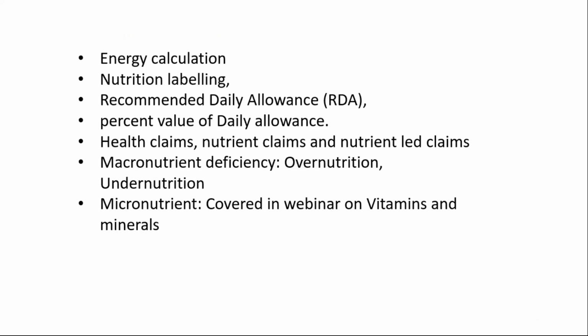Today I will go through the energy calculations, tell you about nutrition labeling, the importance of nutrition labeling, the recommended daily allowance, the percent value of daily allowance, claims which are generally used on labels, that is the health, nutrient, and nutrient-led claims, and macronutrient deficiency, that is the deficiency or overnutrition of fats, carbohydrates, and proteins.